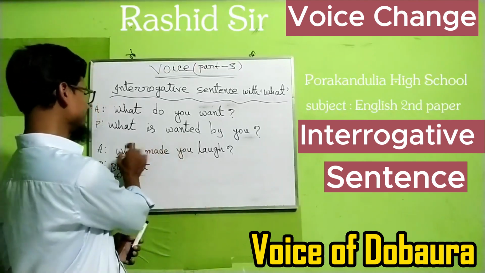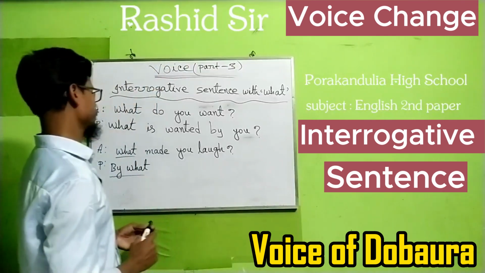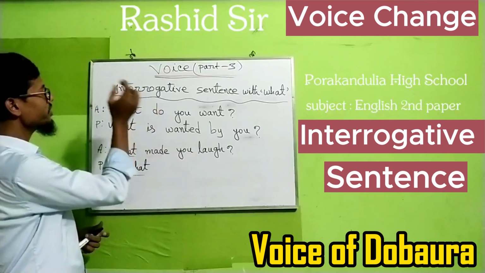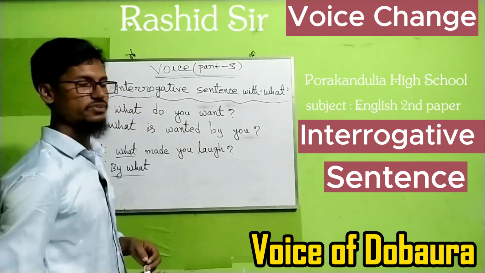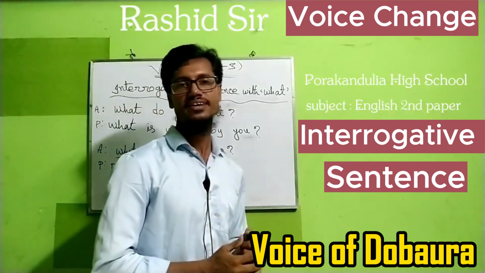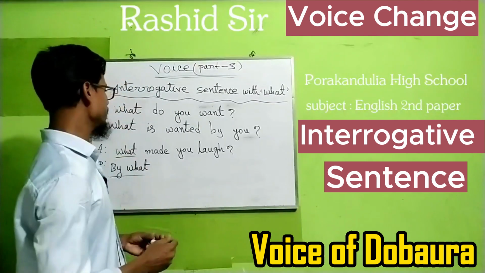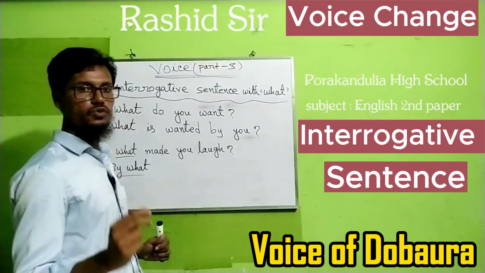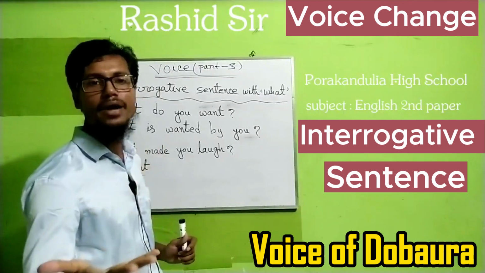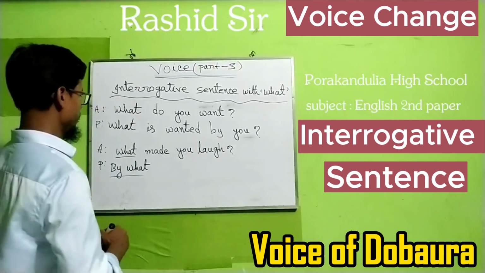Because in the previous sentence what is used as object, but in this sentence what is used as subject. When what is used as subject of any sentence, it will not be changed, it will remain unchanged. But when what is used as object of any sentence, it will be changed to by what.